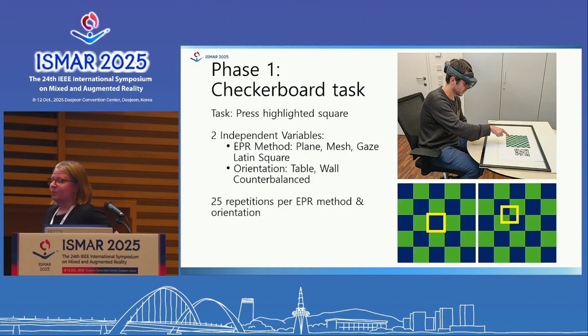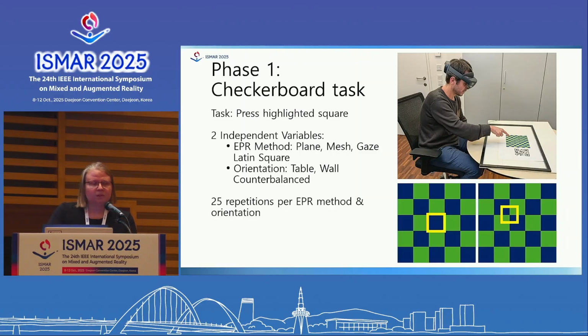So in phase one, participants were sitting in front of a checkerboard. They were watching the checkerboard through the HoloLens, and we highlighted one particular square and displayed the outline on the HMD. And the task was: identify the highlighted square and press it as quickly as possible.